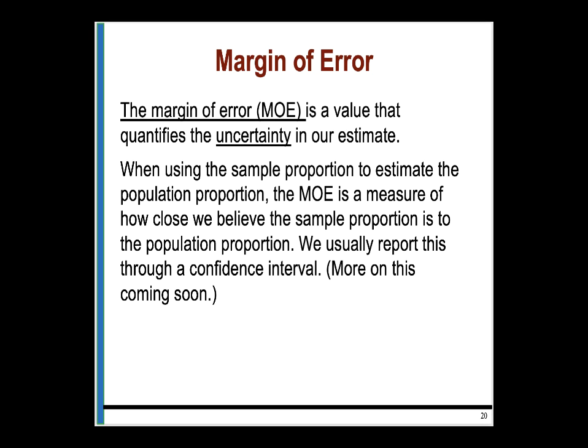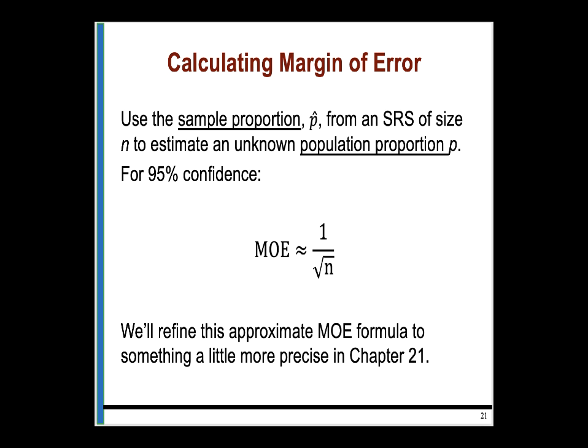So we have this margin of error to express how confident we are in how close our results are. It quantifies how different we expect our statistic to be from the population parameter.